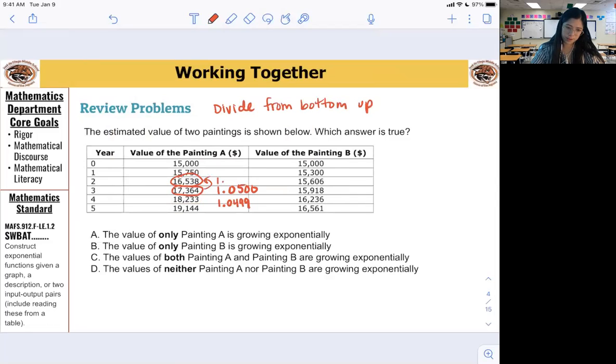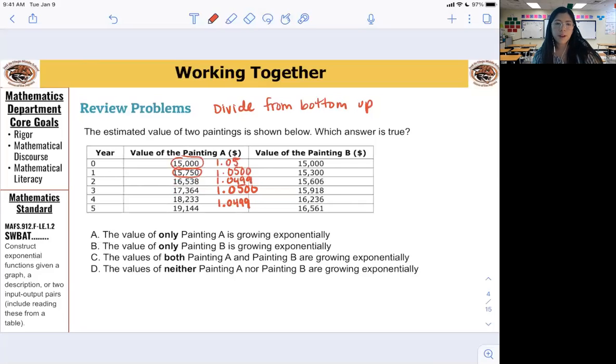I got 1.0499. Two more times. Here we go. 16,538 divided by 15,750. 1.0500. And then last one, 15,750 divided by 15,000, 1.05.